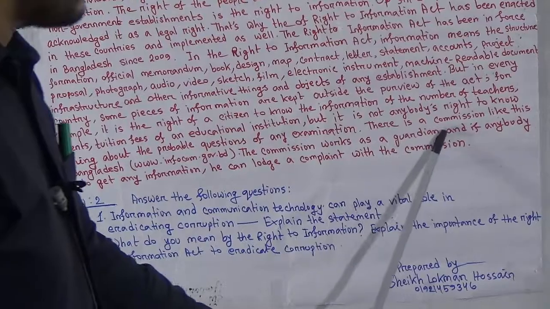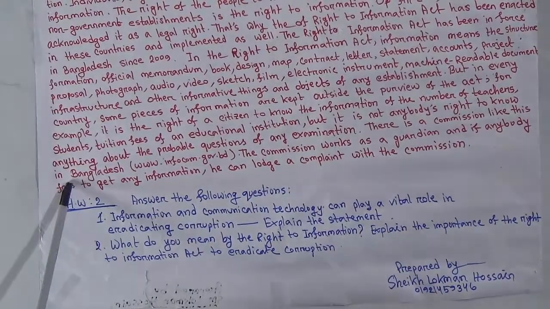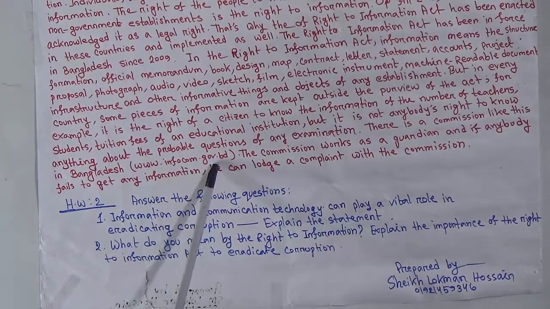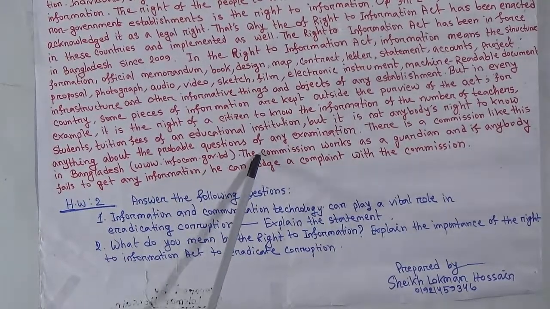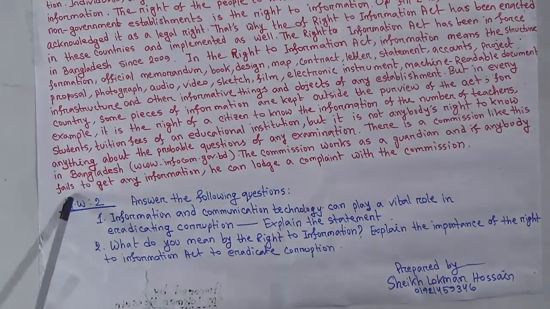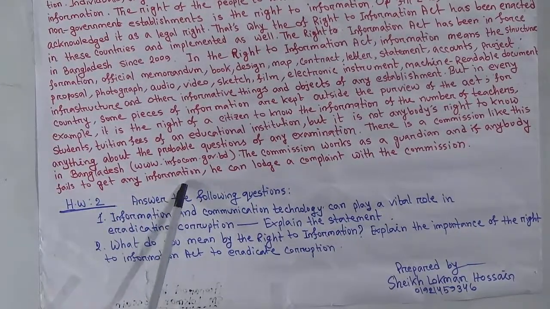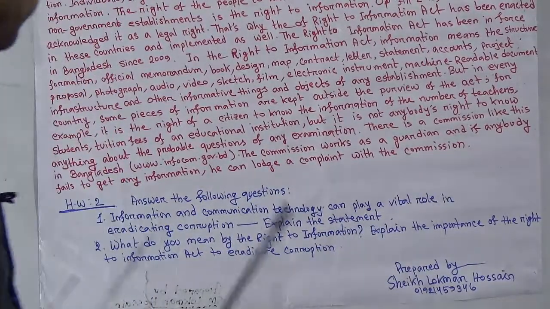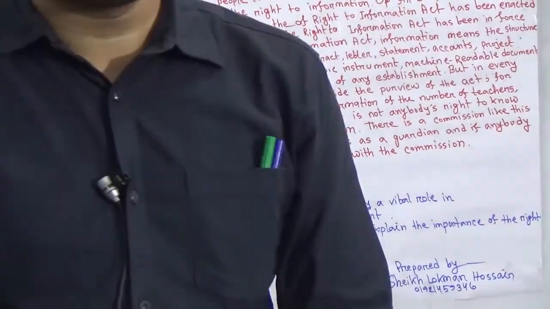Okay, there is a commission like this in Bangladesh, that is www.infocom.gov.bd. The commission works as a guardian, and if anybody fails to get any information, he can lodge a complaint with the commission. This is all about our today's discussion.